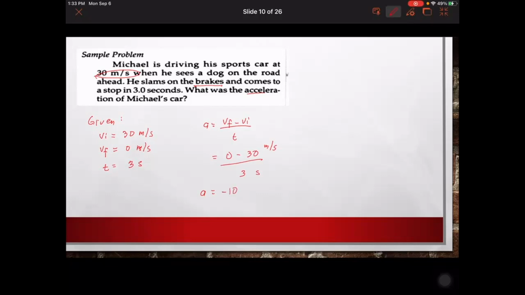So, negative 10 meter per second squared. That is the acceleration. Actually, this is not really the acceleration. This is yung kabaliktaran, the opposite. This is the deceleration. So, this is negative kasi tumatakbo siya ng mabilis tapos nag-stop siya ng brake. So, babagal yung kanyang sasakyan. That's why this is decelerate. So, from mabilis, pabagal ng pabagal. That's why this is a negative.